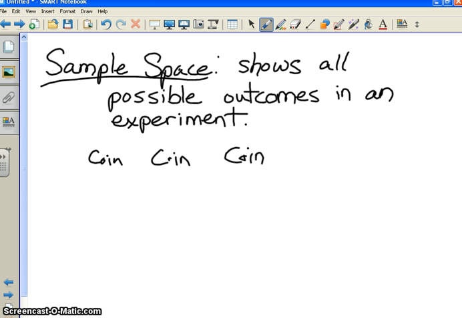The first coin, when I flip it up in the air, I could either get heads or tails. Then the second coin, when I flip it again, I could get heads or tails. I could get heads or tails after I flip the first head, or if I flipped a tail the first time, I could still flip heads or tails the second time. And then the same thing would be true on the third flip.